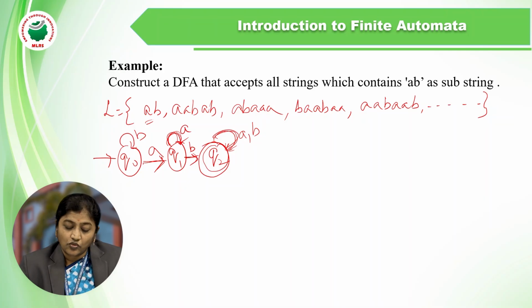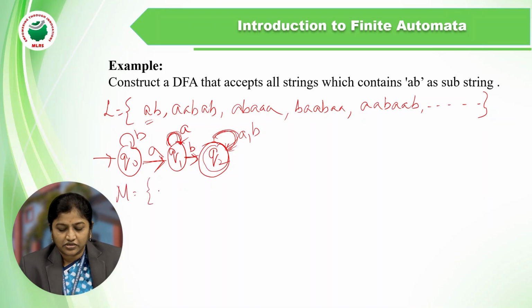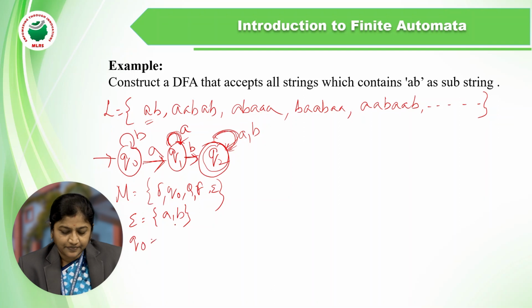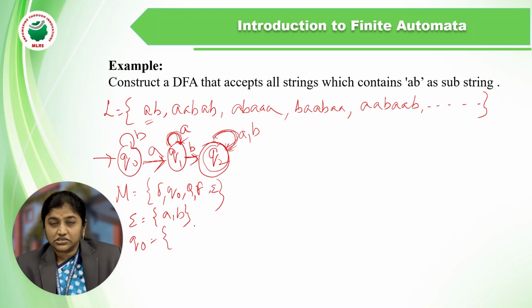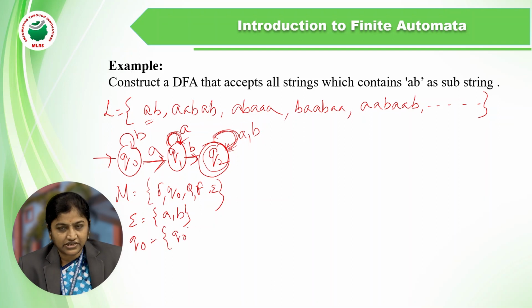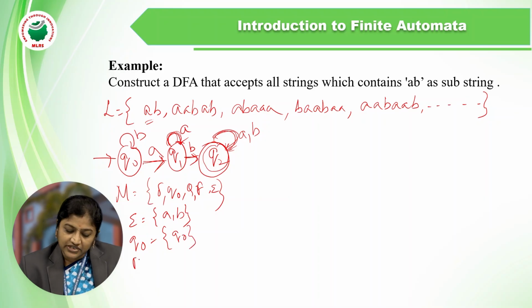Okay. And next, what are the tuples for this? Again, write all the 5 tuples. Transition diagram, Q naught, capital Q, F. Then what are the input symbols here? We are going to use A comma B. Next, Q naught is the start state here. Only one state, that is Q naught. What is the final state here?